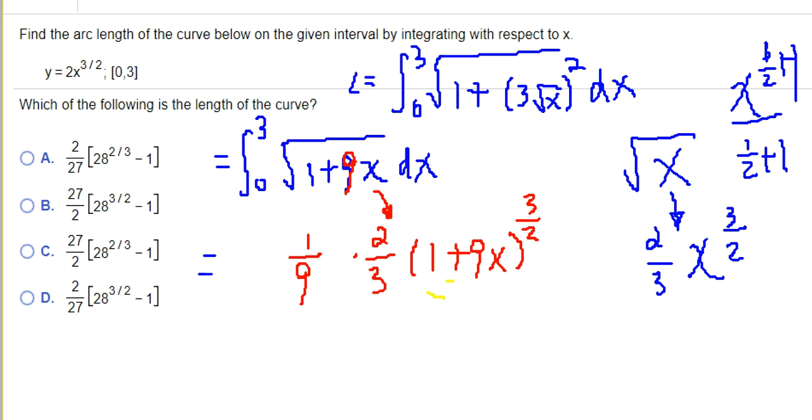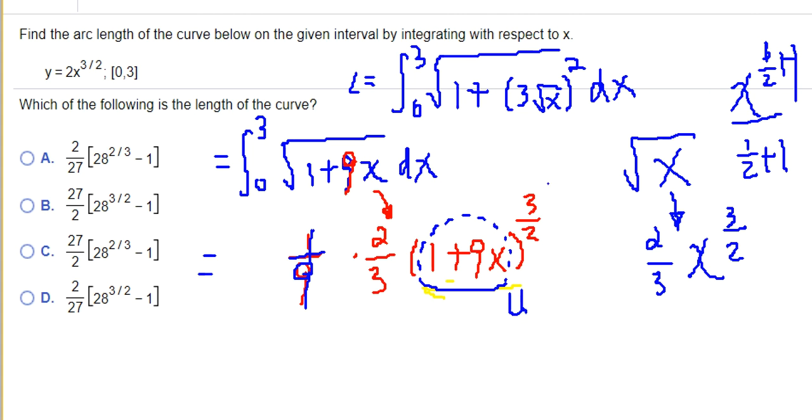I kind of think of this as my u. Basically, I just did some mental math. The derivative of u, in the chain rule, will create a 9 because of the coefficient. That's why I want to use a 1/9 right here, so that it cancels out with the 9 which will come from the chain rule.